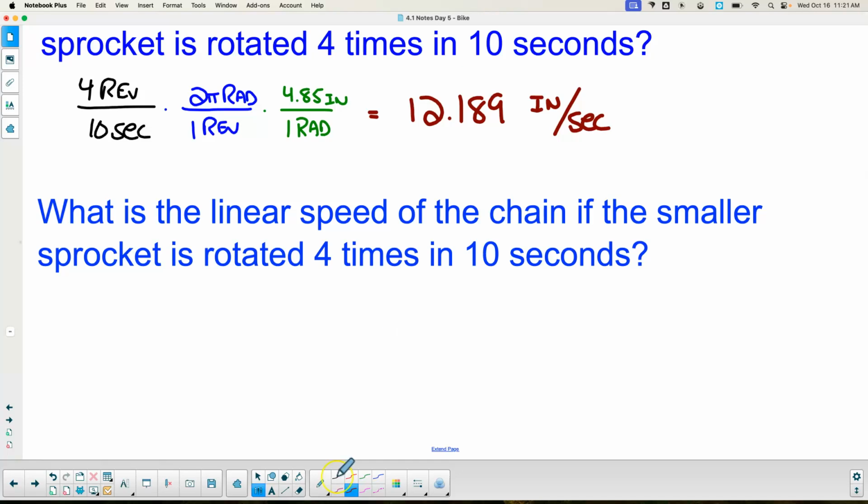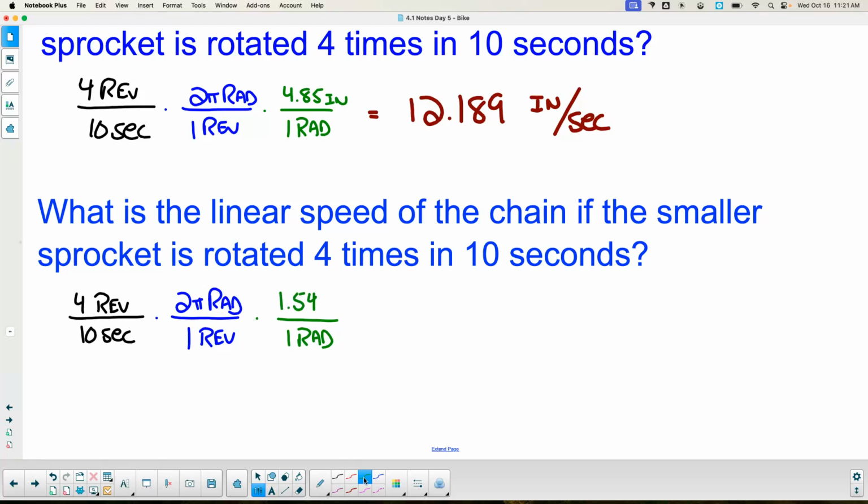Smaller one now, still traveling at 4 revolutions per 10 seconds. Still knowing the fact that there's 2 pi radians in 1 revolution. But now 1 radian is 1.54 inches.